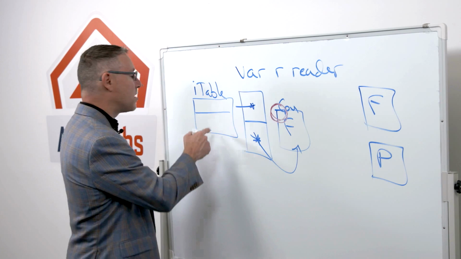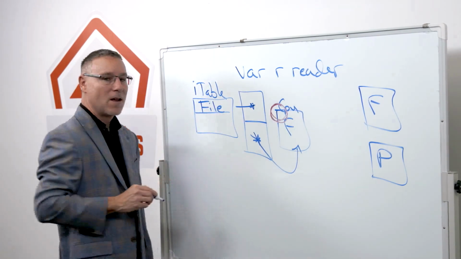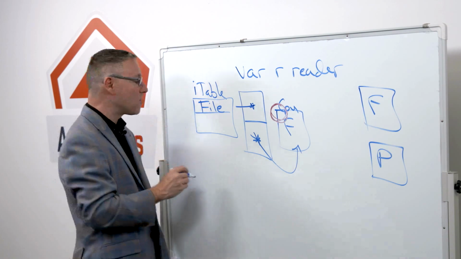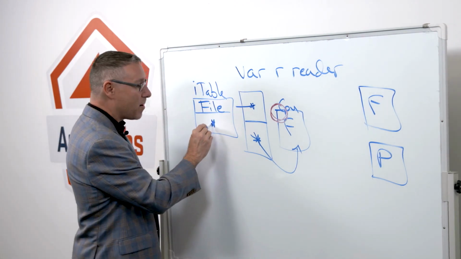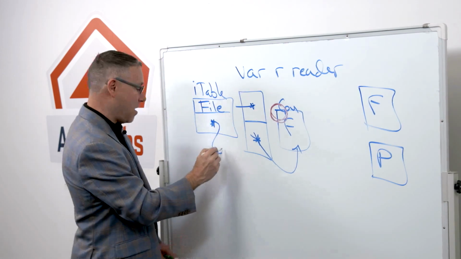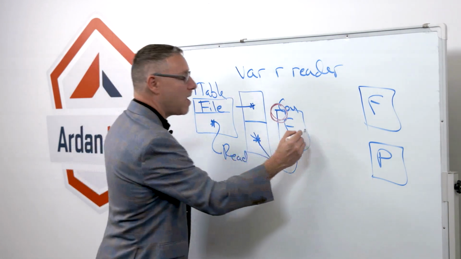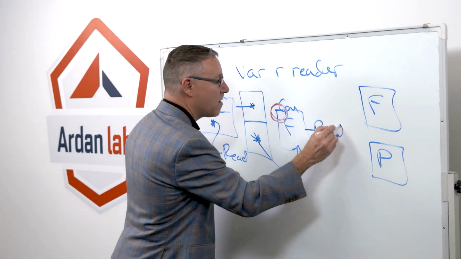What the I table does is it lets us define the type of data that's being stored, a file value is being stored, and then it's going to give us a pointer to the implementation of read for that file. So essentially what's going to happen is this.